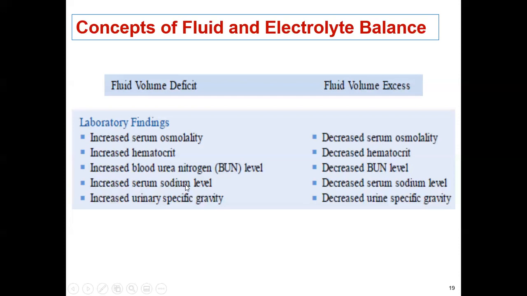Whereas with fluid volume excess or overload, everything is decreased because there is more fluid and less solute: decreased hematocrit, decreased osmolality, decreased BUN level, decreased serum sodium level, and decreased urine specific gravity, right? Decreased creatinine as well.